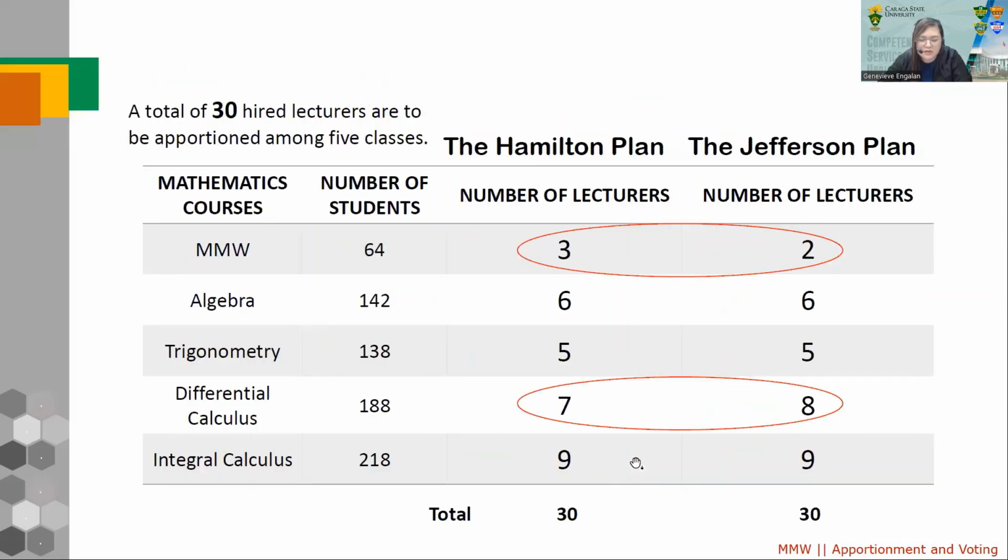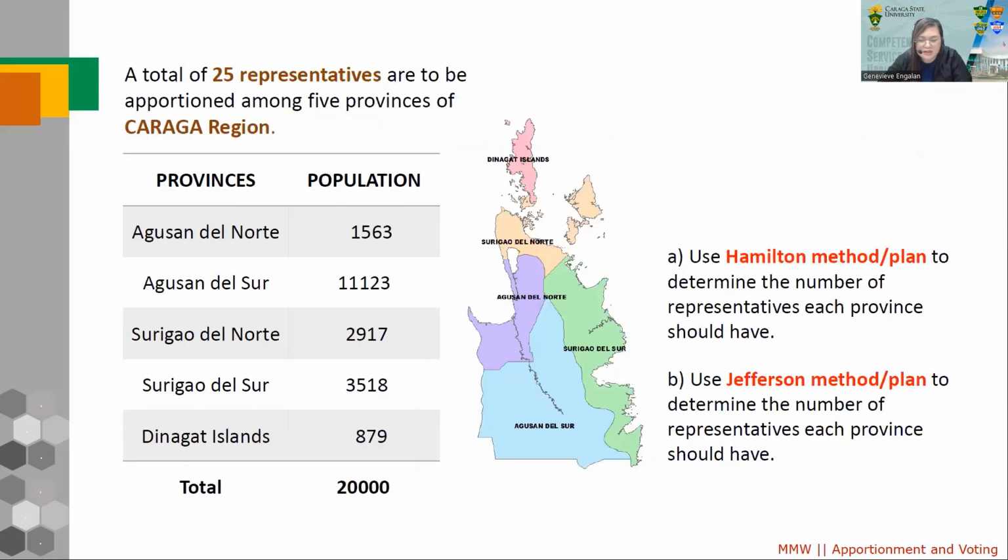Okay? Last time, before we ended, you solved the Hamilton plan and Jefferson plan for this. We have 5 provinces and these are their populations, and 25 representatives. So how do we apportion?